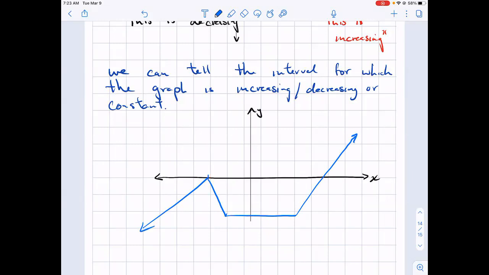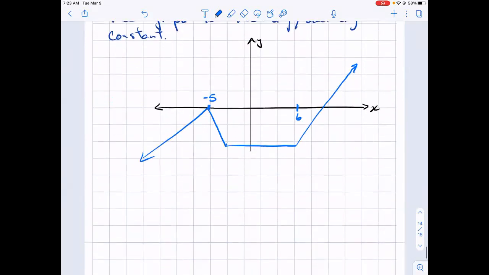So let's just put in some values. This is -5. And somewhere here is 6. Okay. So notice that this here is increasing. This is constant. Here it's also increasing.